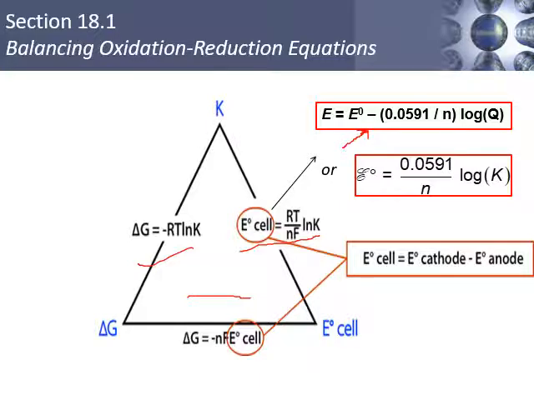We got this one. And at equilibrium, this one will become this one, where we're going to change Q to K and we're going to change E to 0 and then rearrange. So really the one that relates the standard cell voltage here to the equilibrium constant is this one right here. So this is actually the one that we would put in that third side, but it comes from this one right here. Next slide.